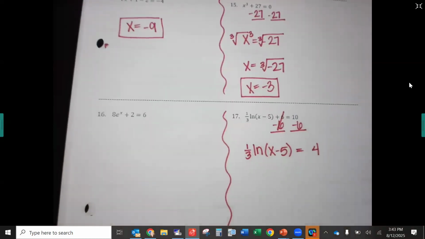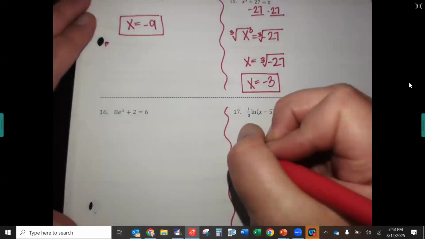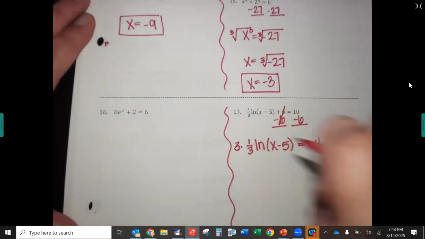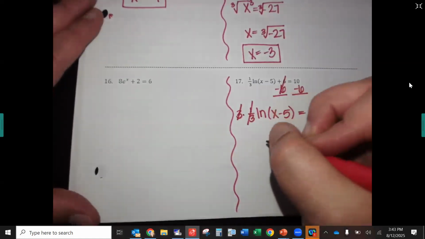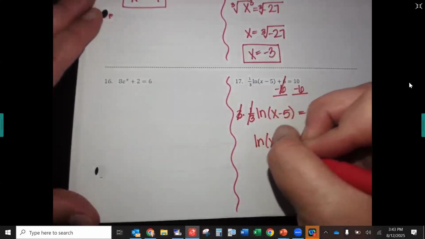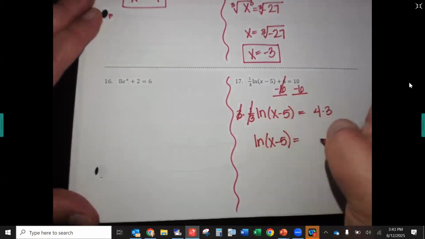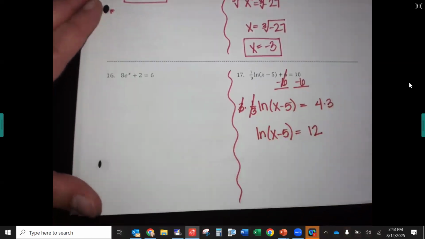And then a third means divide by 3. I want to undo that. So what's the opposite of dividing by 3? Good. So the 3 and the third are going to cross out. We have ln of x minus 5, and then 4 times 3 is 12.